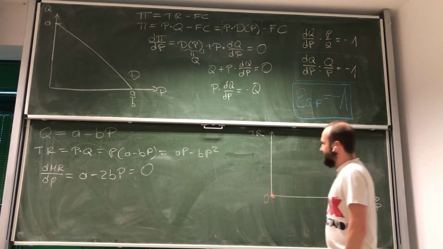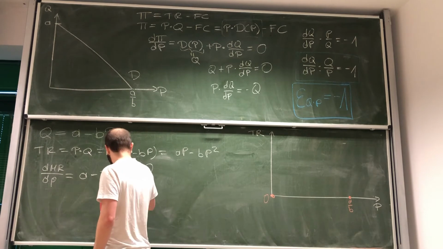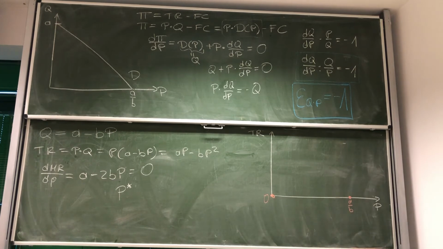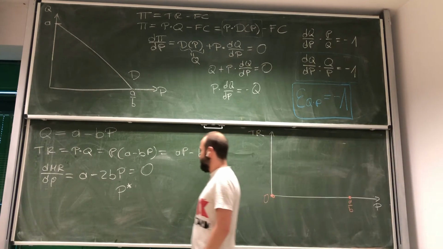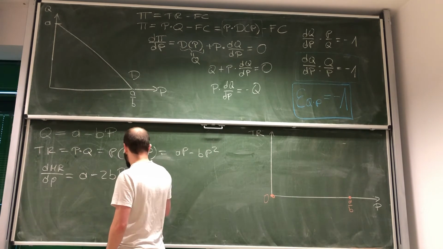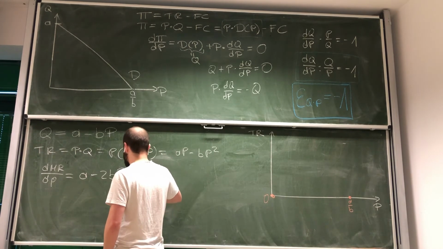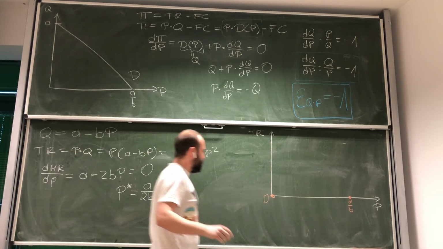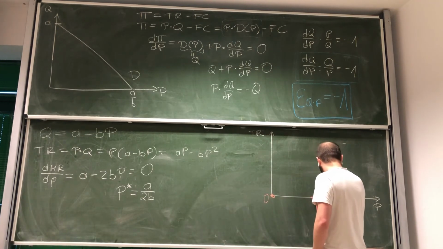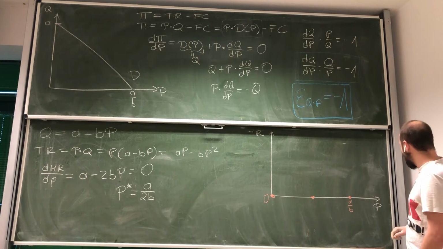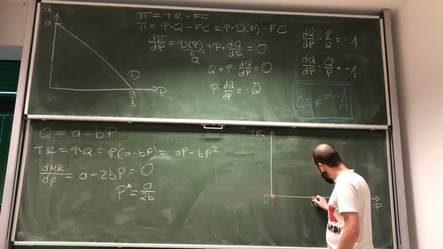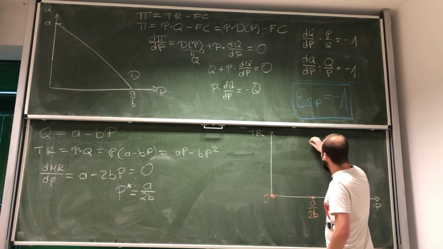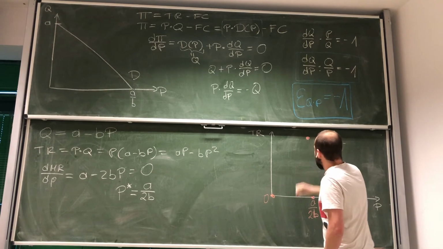And look, out of this we get that the price for which there is a maximum is P equals A over 2B. Okay, so what do we know now? We know that somewhere in between those two, between 0 and A over B, there is a price, A over 2B, for which total revenue takes maximum.